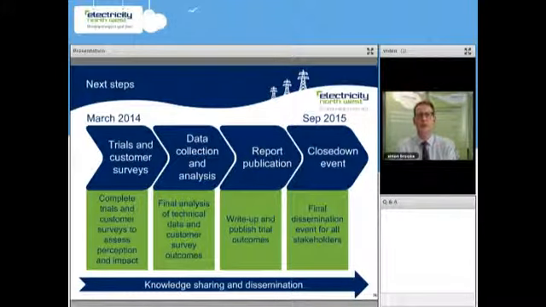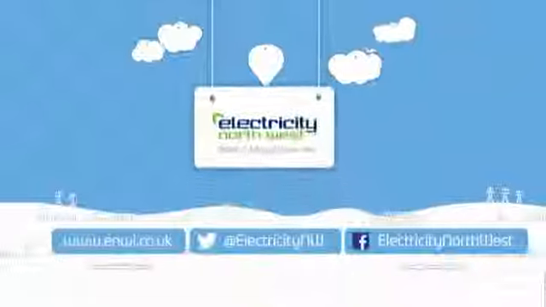In July, we're going to hold a demonstration event of how the ASC actually works and how the links between the various pieces of equipment work. So we'll let you know about that, but that's going to be sometime in early July, and then there'll be a close down event for all our stakeholders to attend, which will provide the whole information on the project.